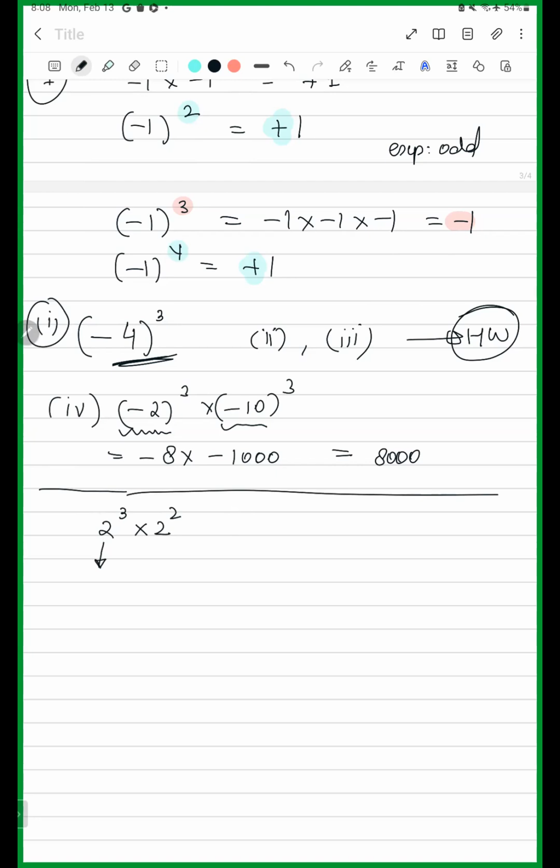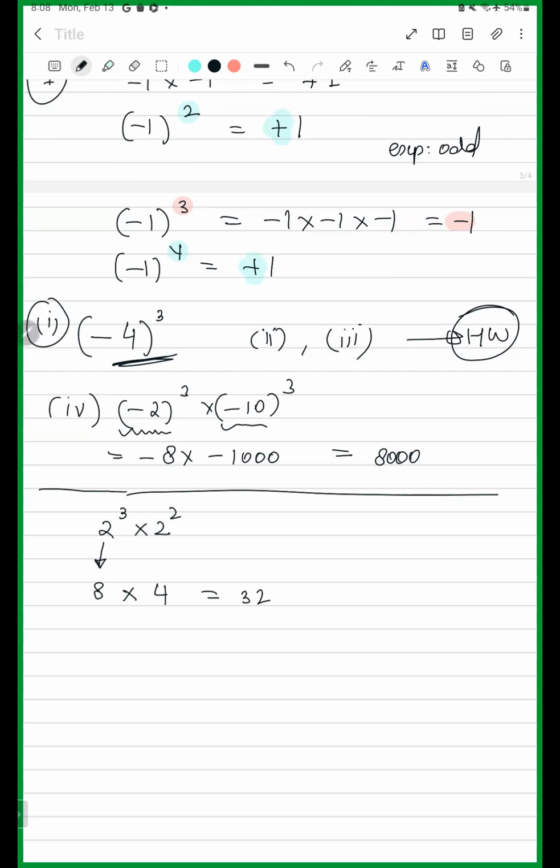Read the question carefully. And what is 2 to the power 2? 4. What is the final answer? 32.